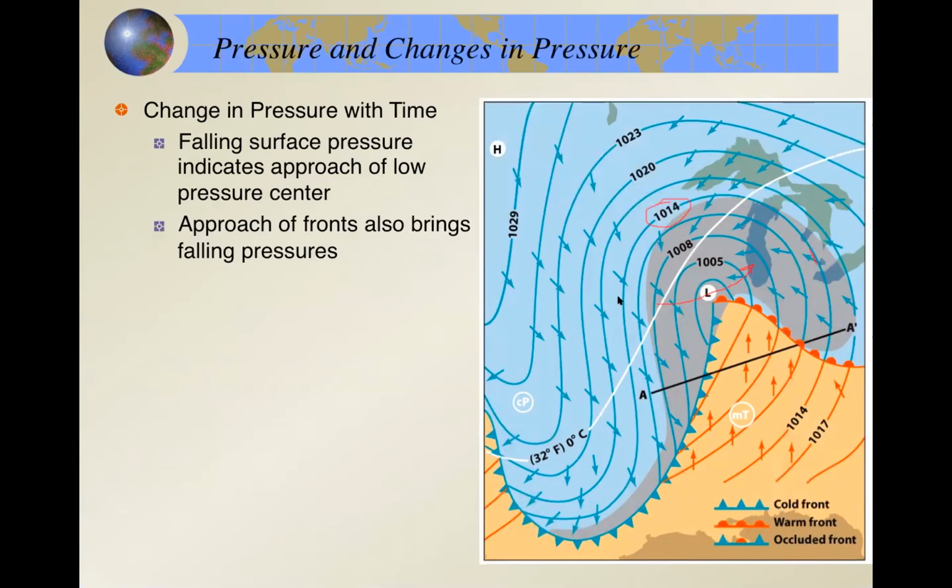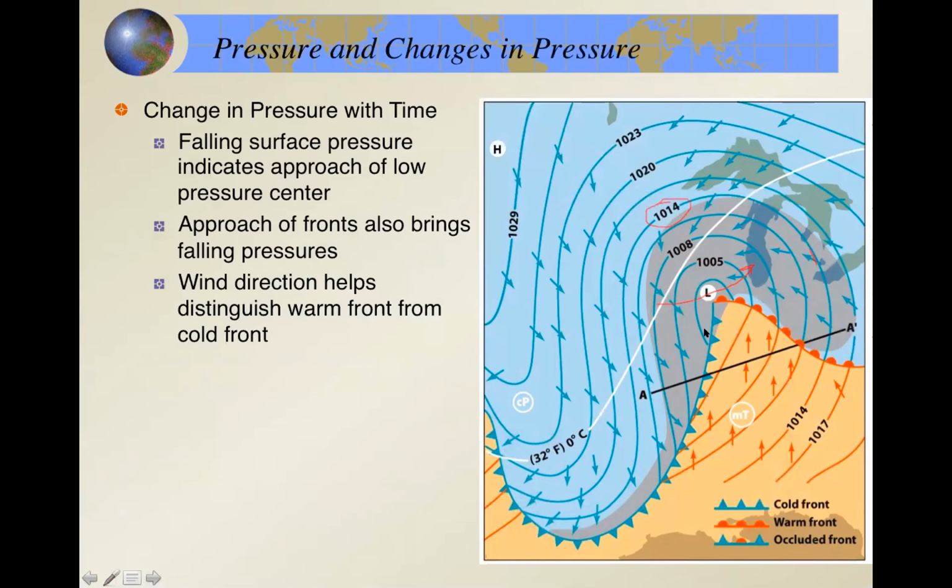Now, it turns out that the approach of fronts also brings falling pressures, whether it's the approaching warm front, or even if you're back here, as the cold front approaches you, pressures also continue to drop. So the only way to distinguish whether it's an approaching warm front or cold front is to look at the wind direction.